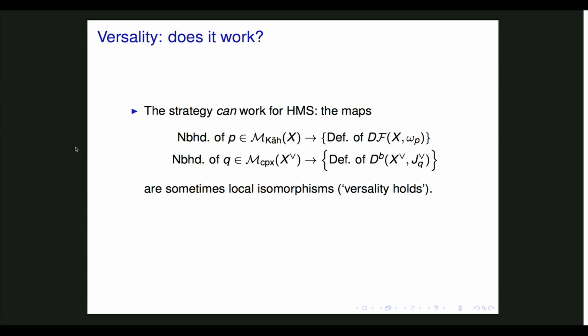So versality holds. All deformations come from geometry. And same thing on the mirror side. In a bunch of reasonable situations, all deformations of the derived category come from deforming the complex structure on X-check.